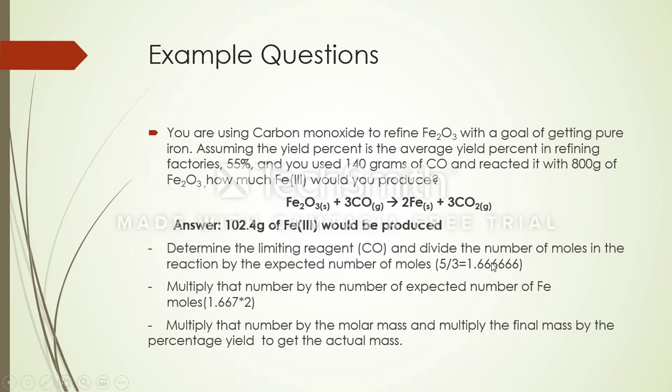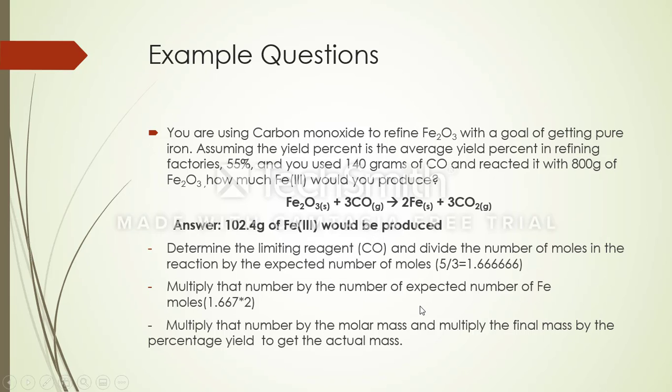And then you get 1.666. You do the same for iron 3 oxide, and you get 5 because there's 5 moles of iron 3 oxide divided by the 1 here in the theoretical reaction. So then you know that carbon monoxide is your limiting reagent.